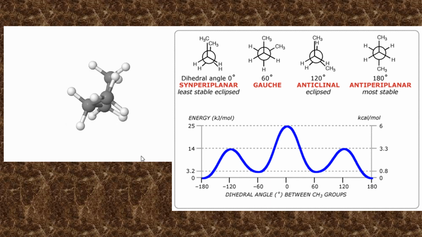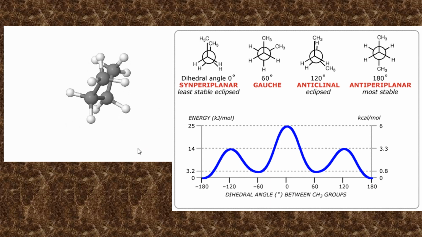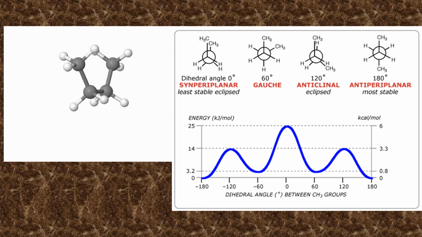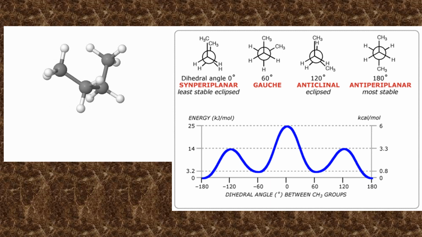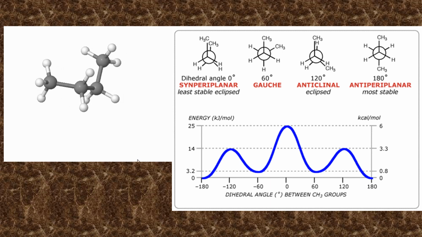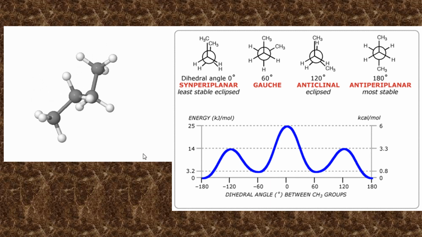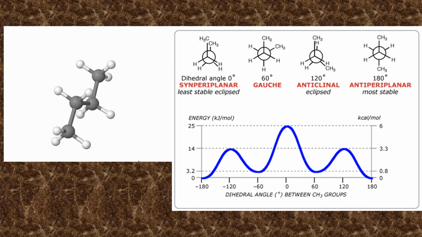When we do a rotation, we see when the two methyl groups are coming nearer, you can find a small jerk in the molecule. That shows that conformation is very unstable.